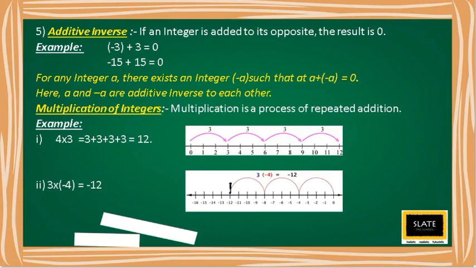For any integer a, there exists an integer minus a such that a plus minus a is equal to 0. Here a and minus a are additive inverses of each other.